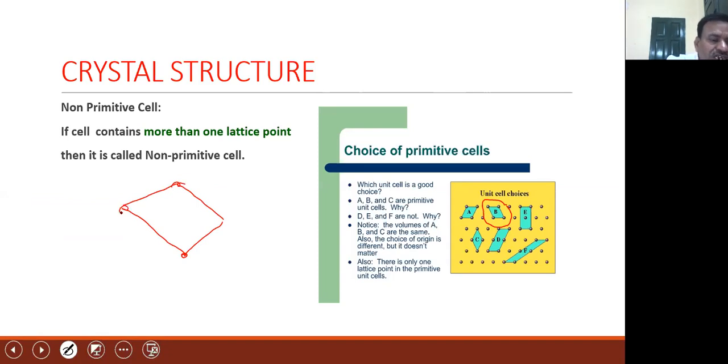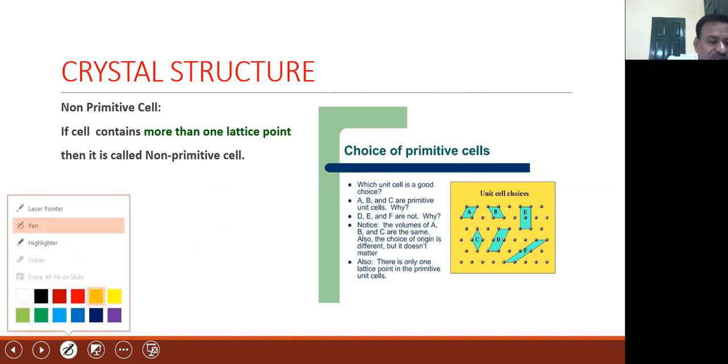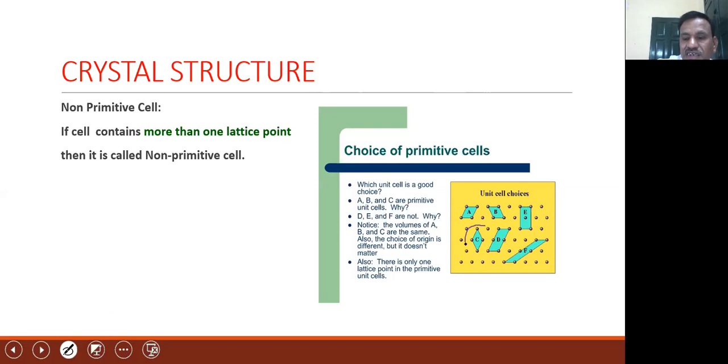One lattice point here, one here, one here, one here.